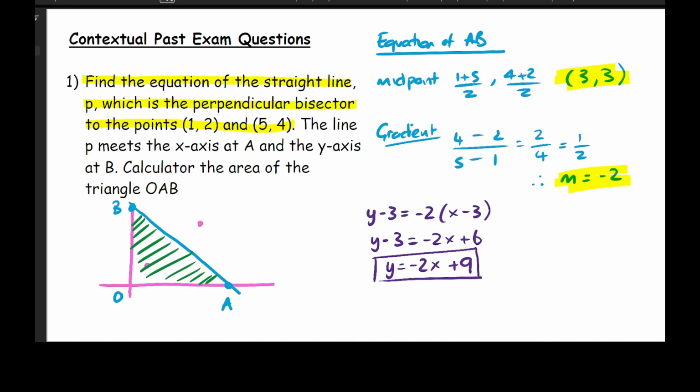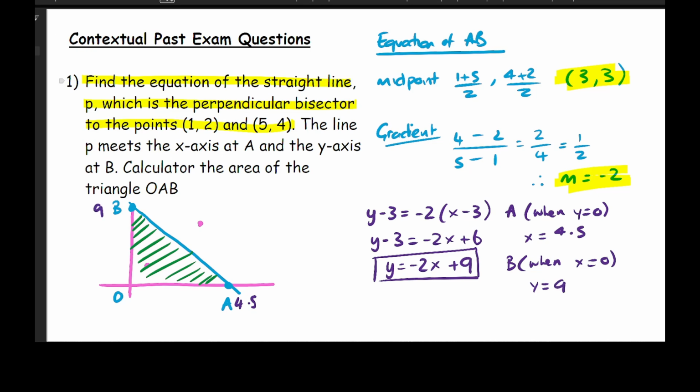Now to find the points A and B, which is what I need, for A, this is when y equals 0. So when y equals 0, I'm going to get an x value of 4.5. So that means that this coordinate here is at 4.5, and B is when x equals 0, and that gives me a y value of 9.